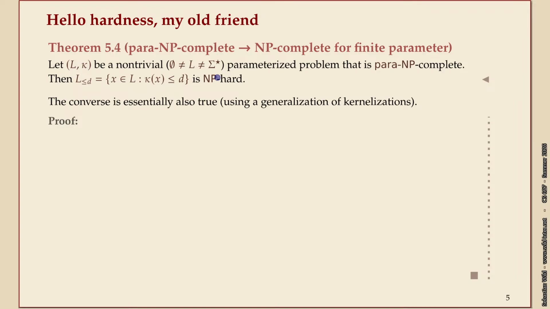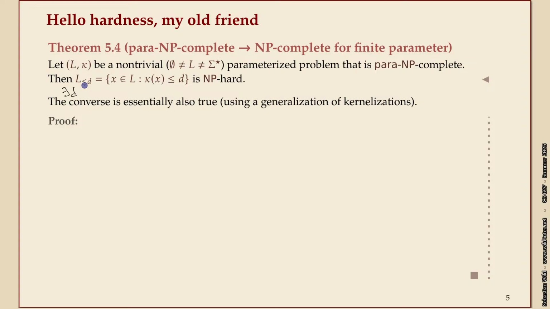That's all that means. So with some parameterized problem that is para NP complete, then indeed the restriction of that problem to bounding the parameter by some constant is NP hard already. I guess this is a bit sloppy. There exists a constant d so that the restriction is already NP hard.